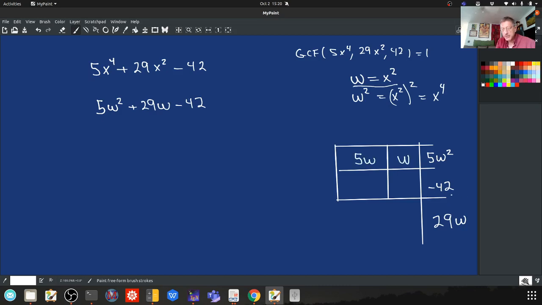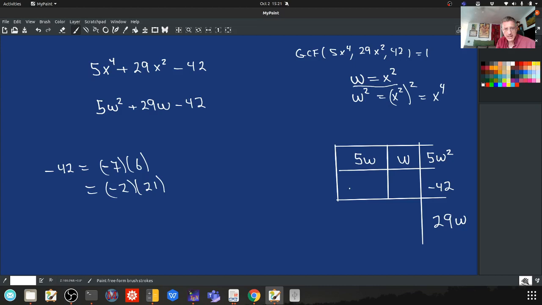Down here, this is negative, so exactly one of the factors has to be negative. So minus 42 is equal to minus 7 times 6. It's equal to minus 2 times 21. Let's just try those two.